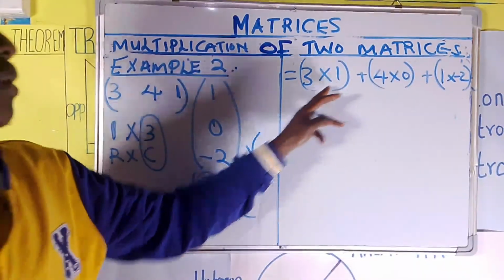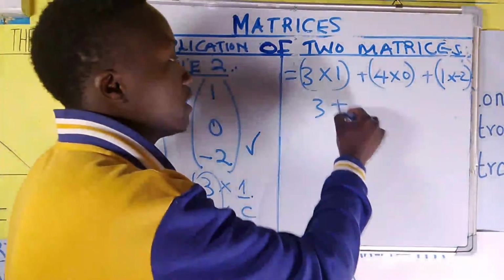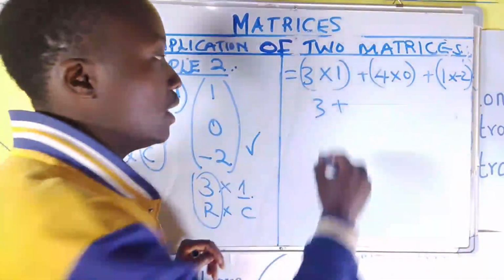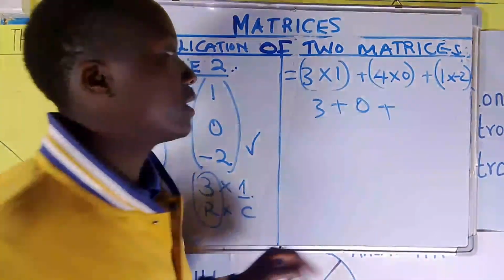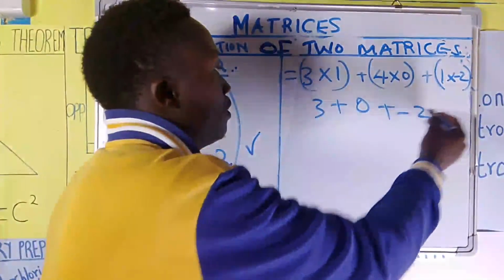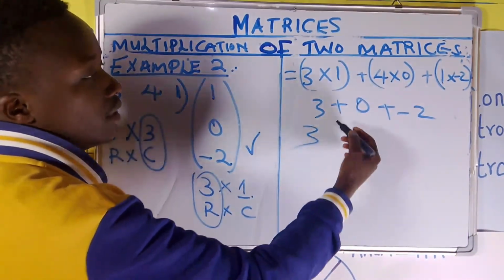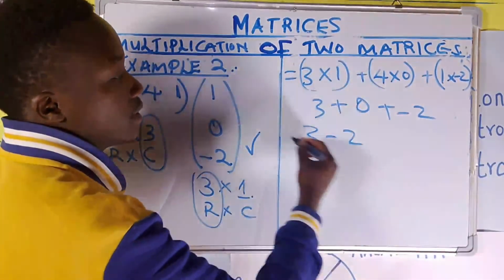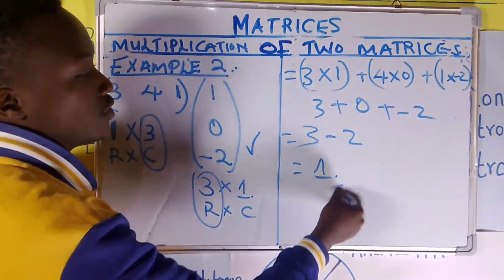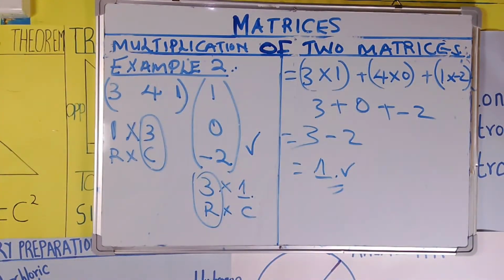So 3 times 1 is 3, plus 4 times 0 is 0, plus 1 times negative 2 is negative 2. So 3 plus 0 plus negative 2, and our answer will be equal to 1.